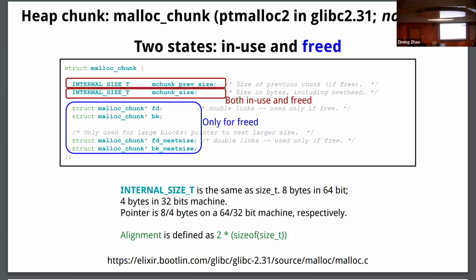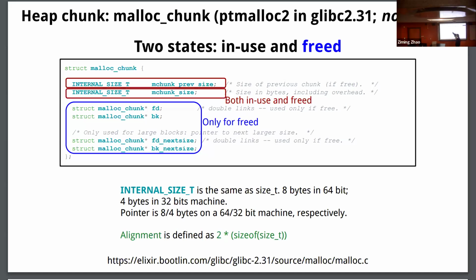If you go to the source code, version 2.31, this is what you are going to find, but this part is also confusing because for most cases, we're not using it. I will show you later. I call this the no Tcache version. Later we will explain what Tcache is and how the Tcache version differs.